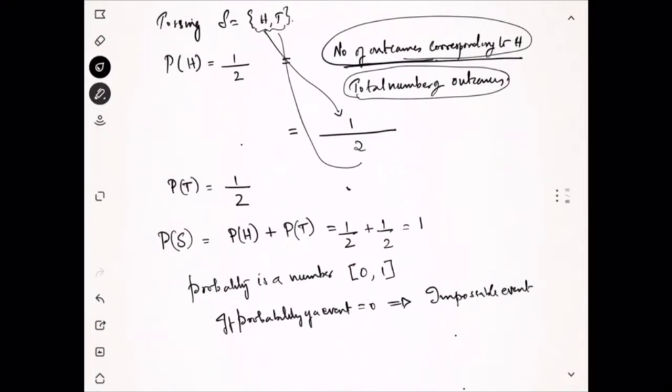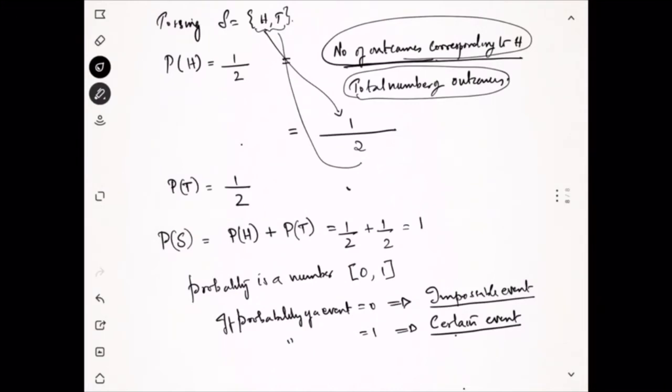If the probability of the event is equal to 1, then it is a certain event. So we have studied 2 things: one is the impossible event and the other is the certain event. Certain event means it will happen with complete certainty, that means the probability is 1, or we can say it is 100%. The other one has probability 0, which means it is an impossible event.